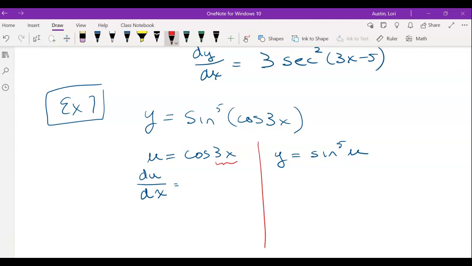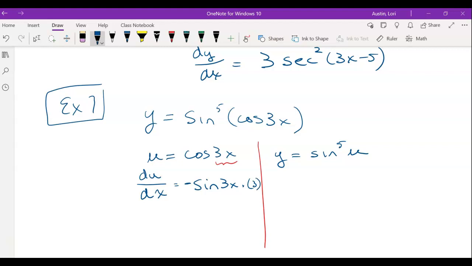What is the derivative of cosine? Let's suppose I pretended this was just cosine of another u. What's the derivative of cosine, everybody? Negative sine, right? So it's going to be negative sine of 3x, but then I have to multiply it by the derivative of the inner function, and what's the derivative of 3x? So wouldn't that be times 3?